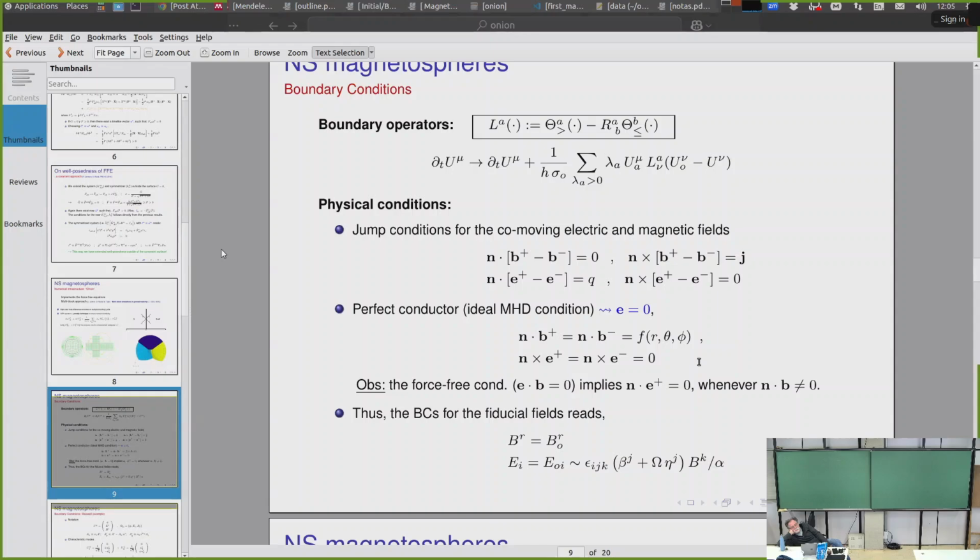So essentially, the tangential electric field must be continuous and equal to 0, because inside the conductor the co-moving electric field is 0. And the normal component of the magnetic field should also be continuous and equal to the one inside, frozen into the stellar crust, which will generically be some function of the coordinates.